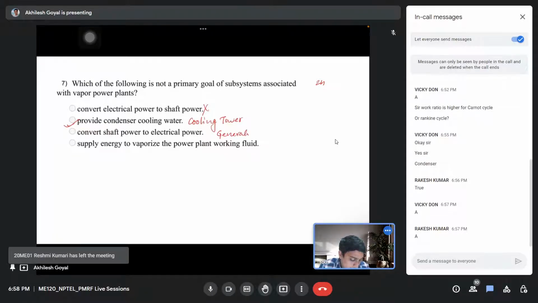Generator. And supply energy to vaporize the power plant working fluid. Which component does it? Boiler. But there is no component that converts electrical power to shaft power. So the answer is option A.